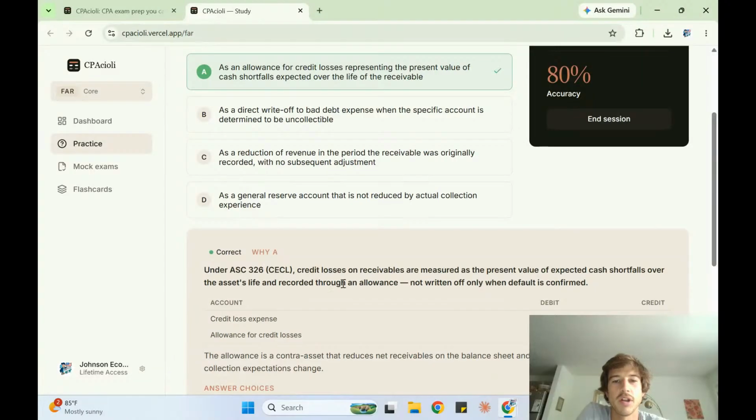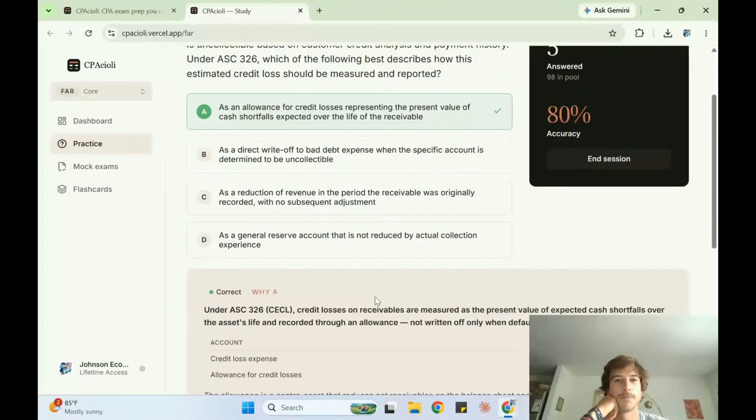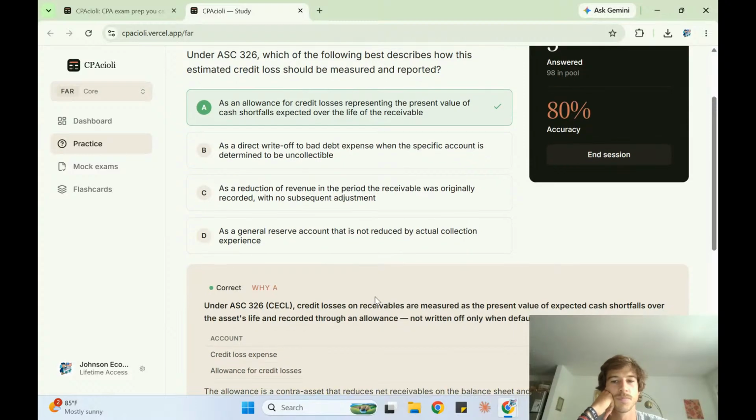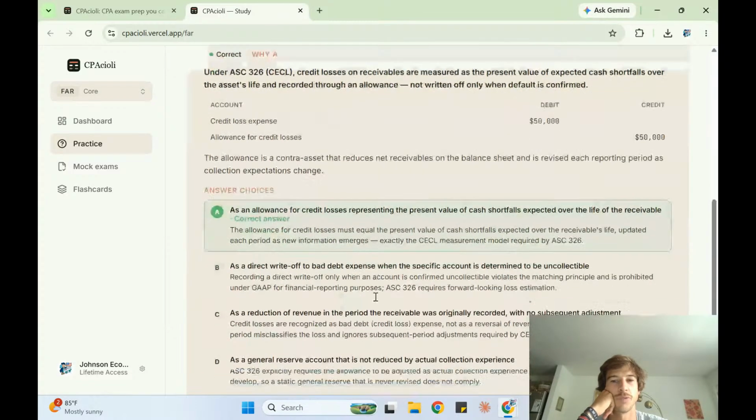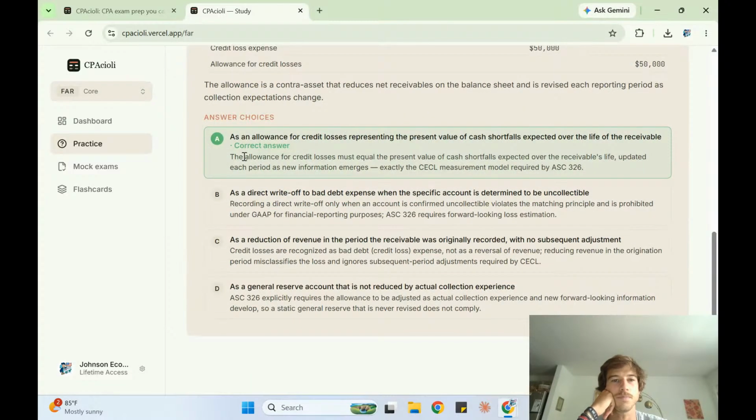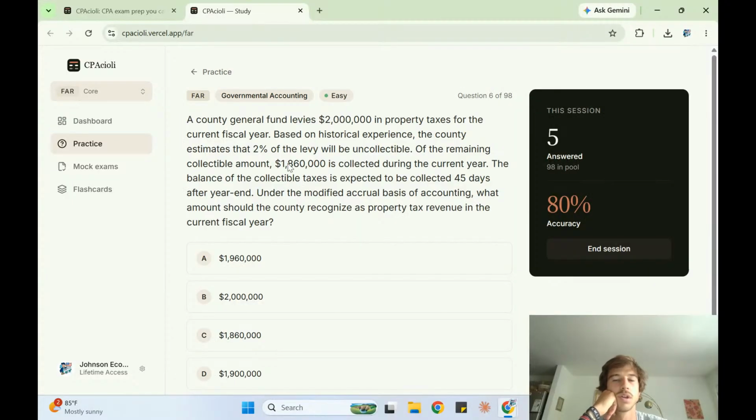Under CECL, credit losses on receivables are measured as the present value of expected cash shortfalls over the asset's life and recorded through an allowance account. Not right now, following the default is confirmed. Dang, I only get one that's not all easy.